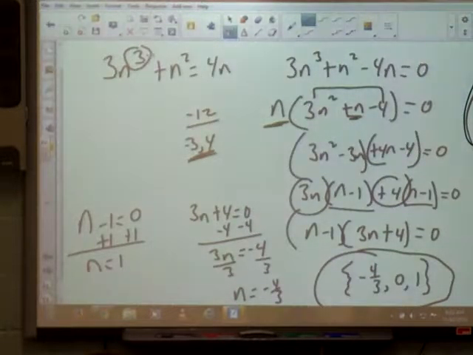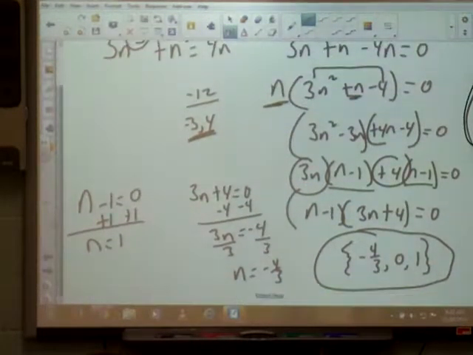This had a power of 3, so I could have 3, 2, or 1, or no answers. I couldn't have 4, right? That's the most potential answers you could have. You'll have whatever the highest power is, but you might not see them all because some of them might be imaginary. We're not doing imaginary ones today. You're welcome. I hate those.